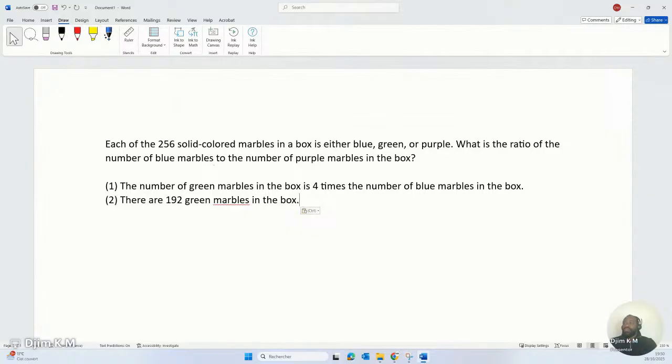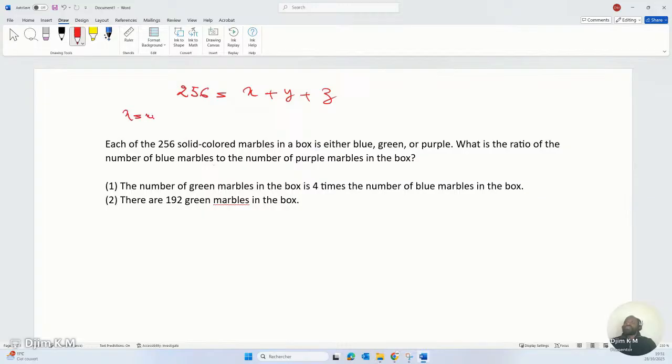The number of green marbles in the box is 4 times the number of blue marbles in the box. So here basically we have 256, which is equal to x plus y plus z.